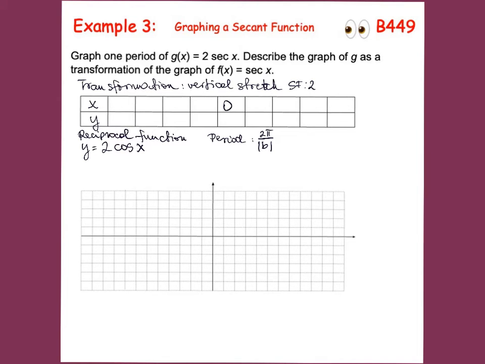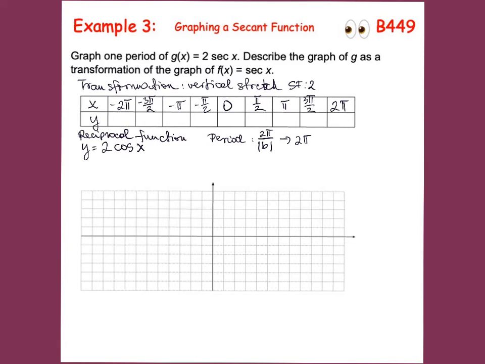Since our absolute value of b is 1, it's going to be 2 pi. So I'm going to place 2 pi here and negative 2 pi here. The halfway point is going to be pi, and a quarter point is pi over 2. 3/4 point is 3 pi over 2. And negative pi over 2, negative pi, and negative 3 pi over 2.